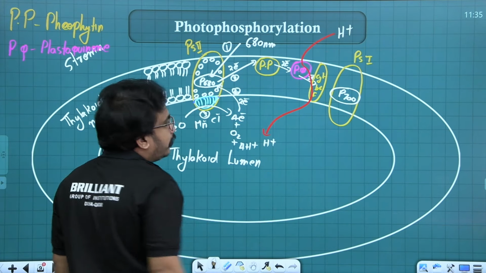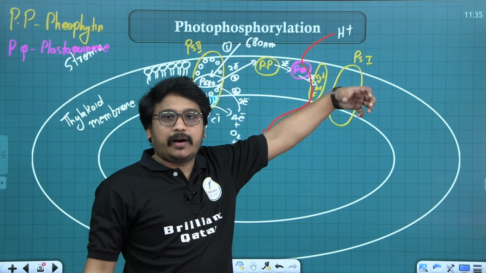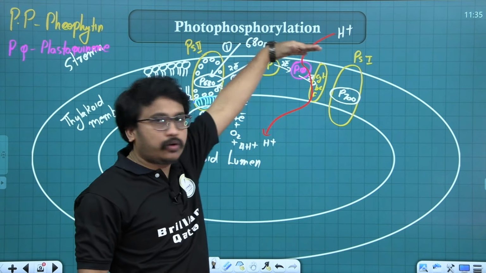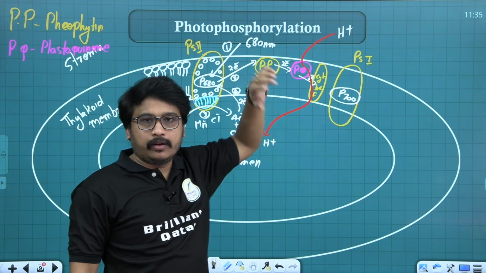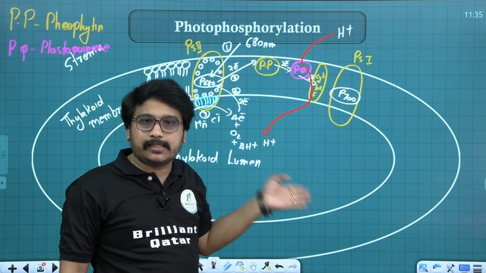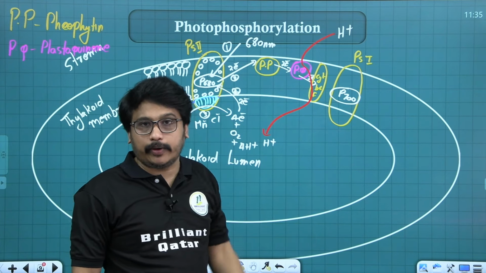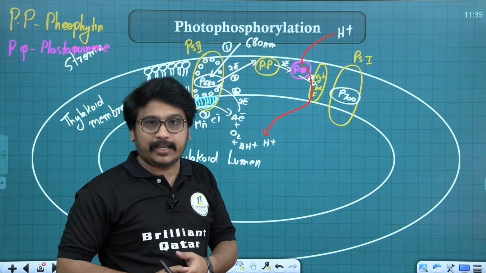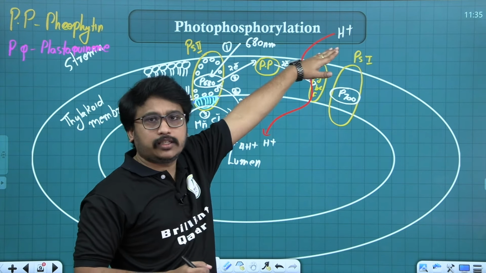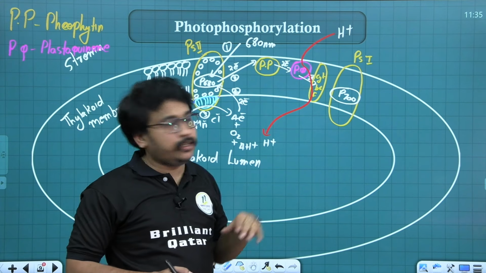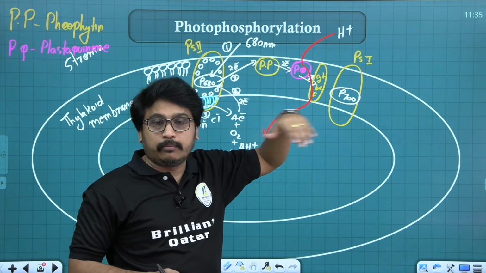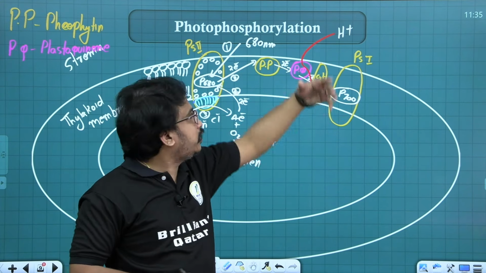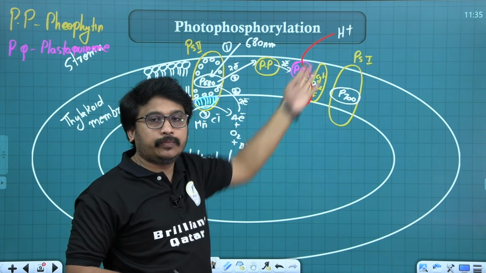Understand, H+ is actually pumped, that means it is low concentration in the stroma. Already H+ concentration is high inside the lumen of thylakoid. So against the gradient, that is from low concentration to high concentration, using this electron motive force, they are pushing the H+ from stroma to lumen.